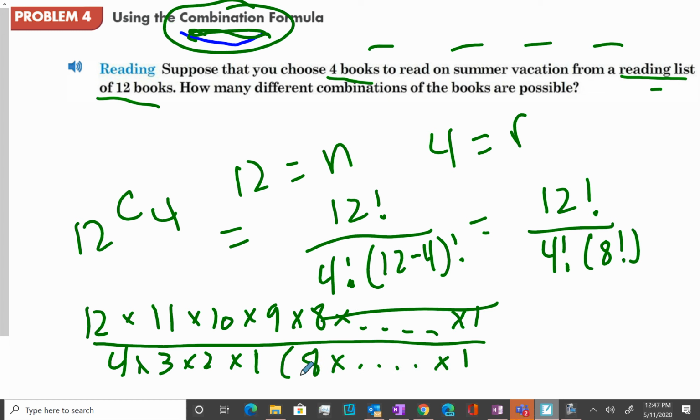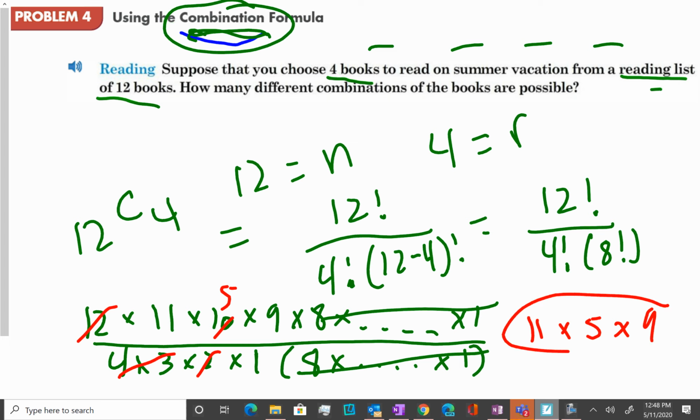So these would cancel out, right? Both 8 down to 1s would cancel out. And then I can break down, let's see, I have 10, don't quite have an 8, right? So I'm just trying to mix these: 4 and 3 is 12, so I can cancel that with the 12. 2 and 10 would cancel, leaving 5, so then really I just have 11 times 5, because sometimes you might be able to do these without a calculator, right?